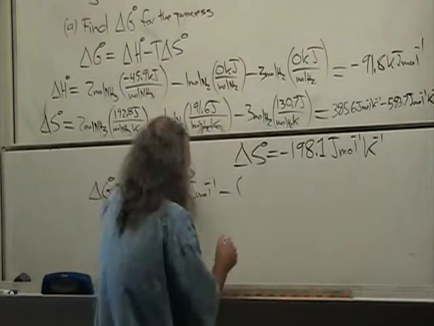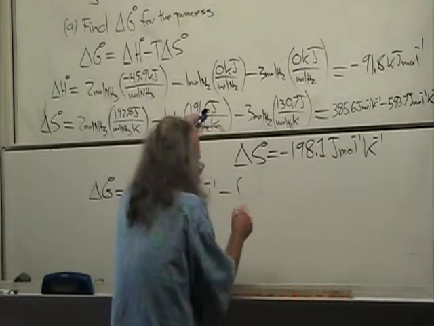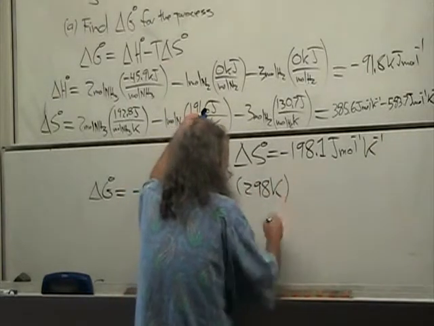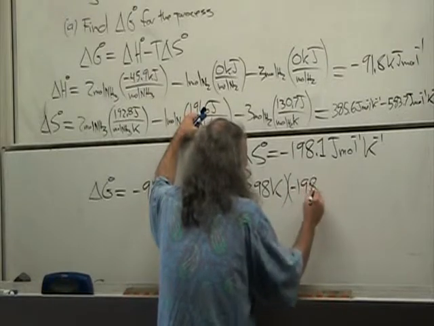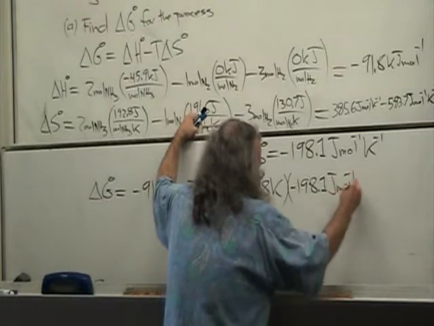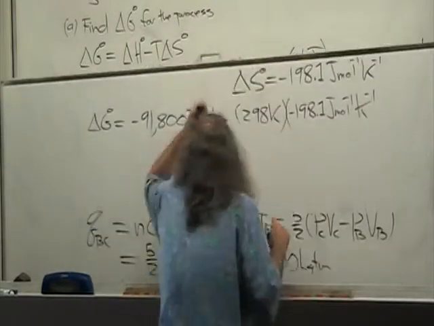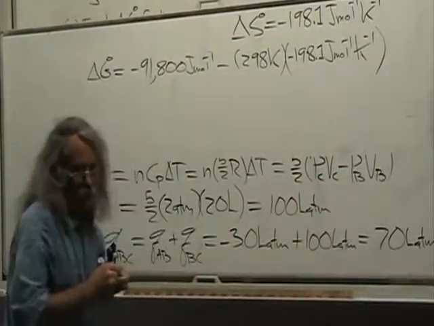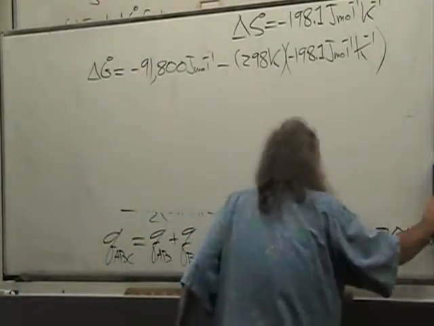But we can go ahead and do it: 298 Kelvin times minus 198.1 joules per mole. Now we have to dust off some scratch paper again. So bring lots of scratch paper to the test. If not, we'll provide you with some.